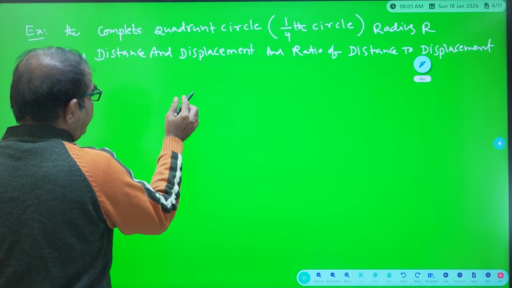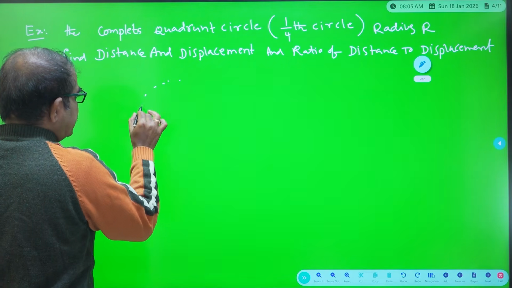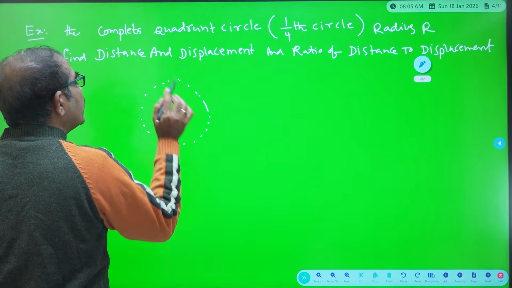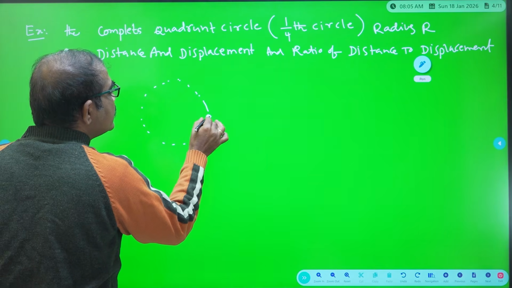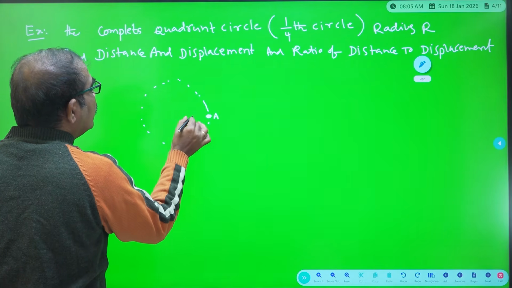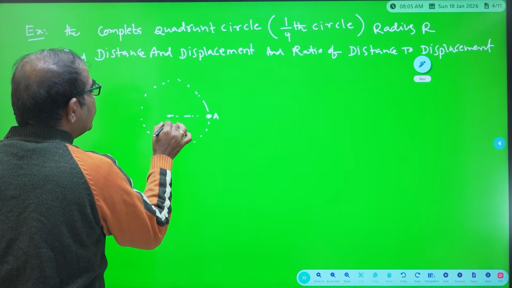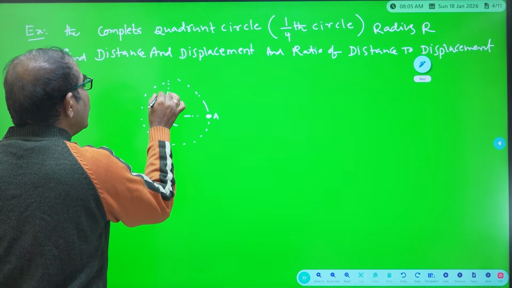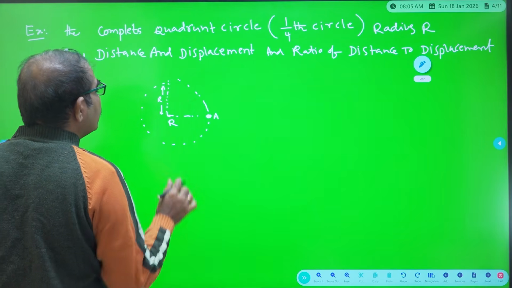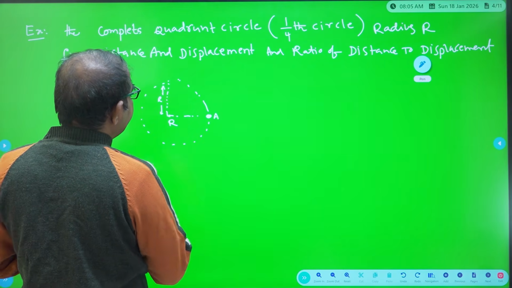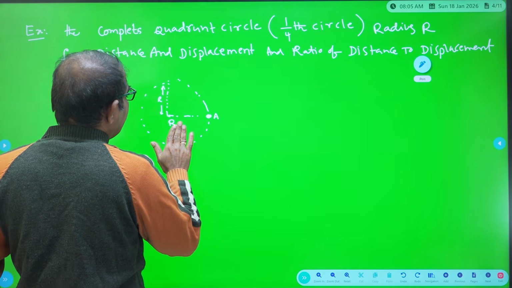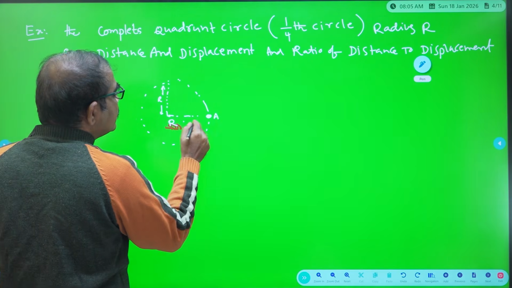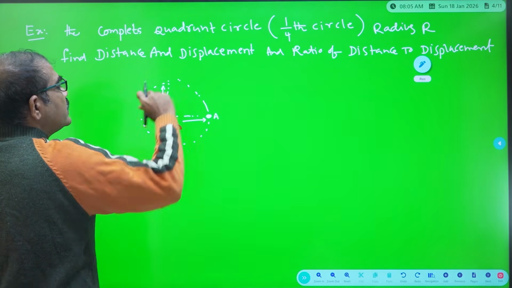Now this is called a circle. What happens if the initial point is A? This is the center, the radius is r, and from here to here is also radius r.